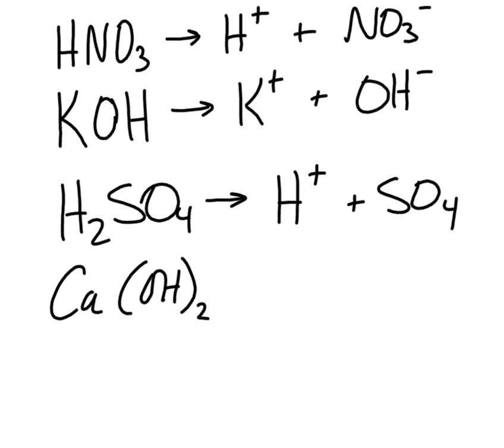You can look at your solubility rules as well, but if you look at your polyatomic ions, you know sulfate has a negative 2 charge. So looking at that, I need to balance the equation. Well, I have two hydrogen on one side, I have one on the other, so I need to make sure that I put a 2 right there, because in addition to balancing out my hydrogen atoms, it'll also balance out the charges, because this H2SO4 is neutral, and then now I have 2 pluses with the hydrogen, because each hydrogen has 1 plus, and I have 2 of them, and then sulfate has a -2 charge.